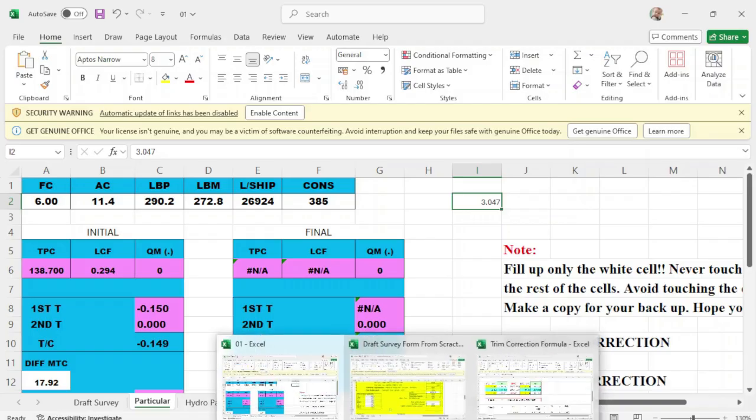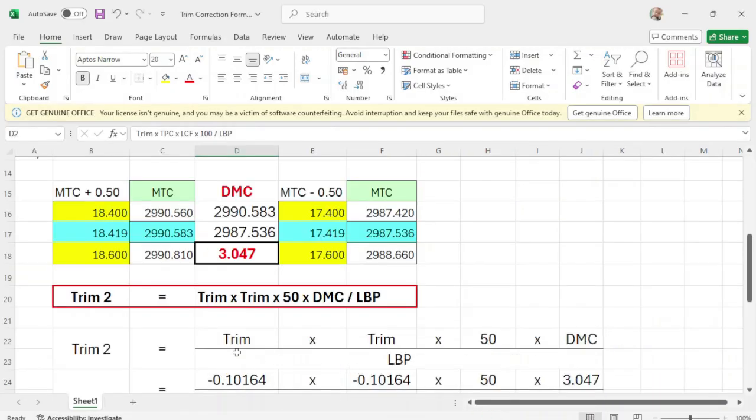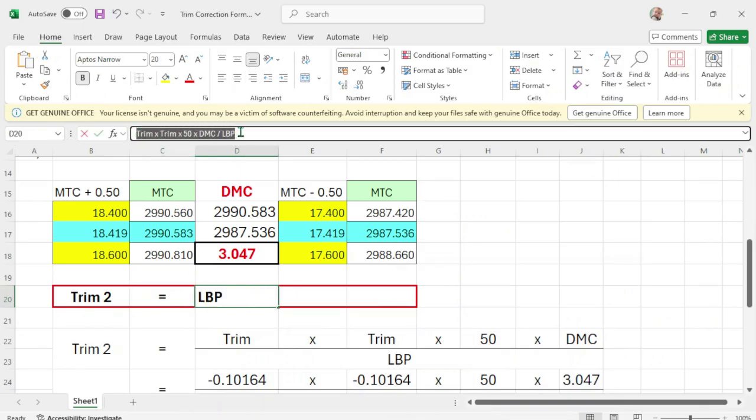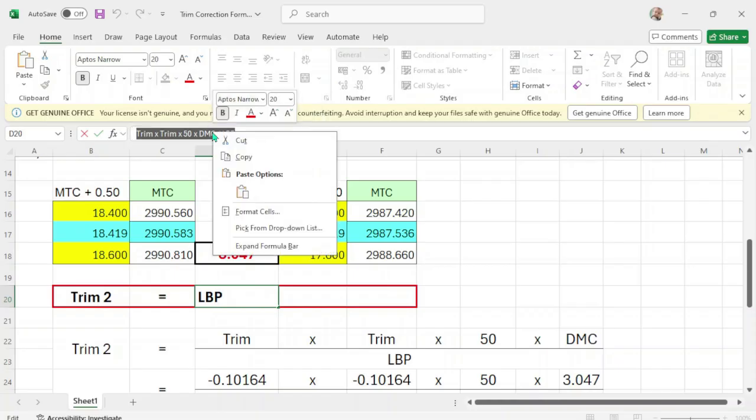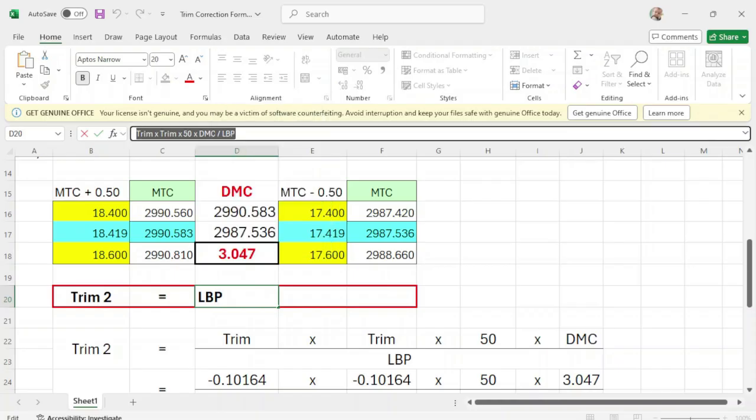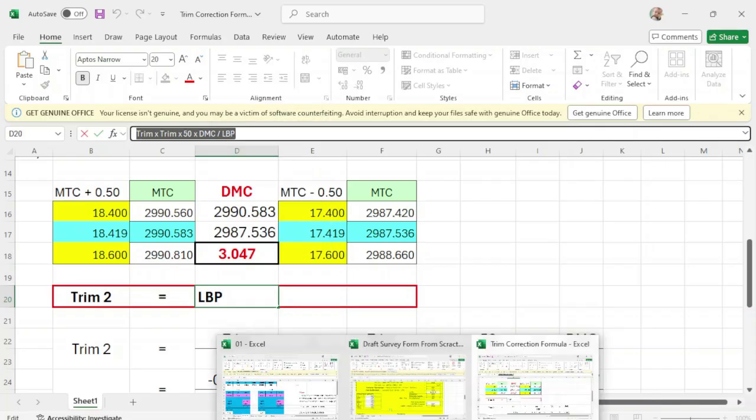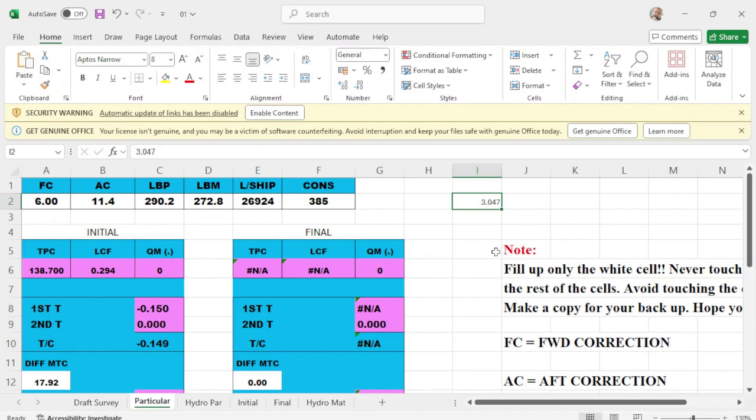And the formula would be, click this one, copy, and put it here. So that is the formula, trim times 50 times DMC.